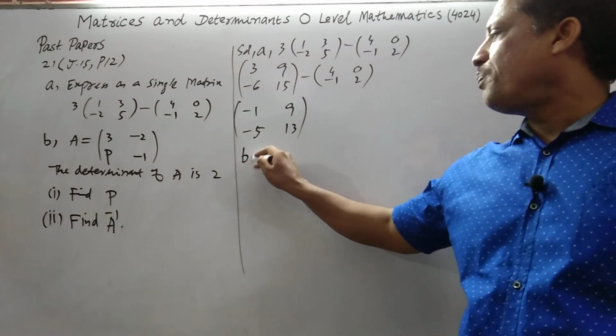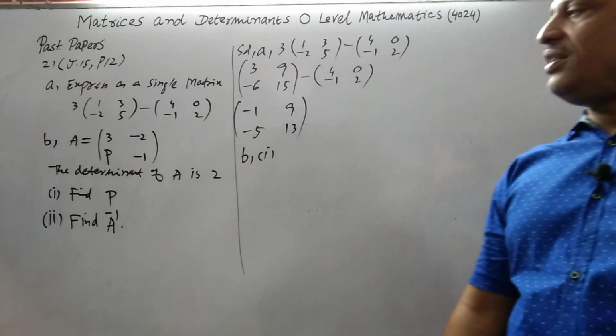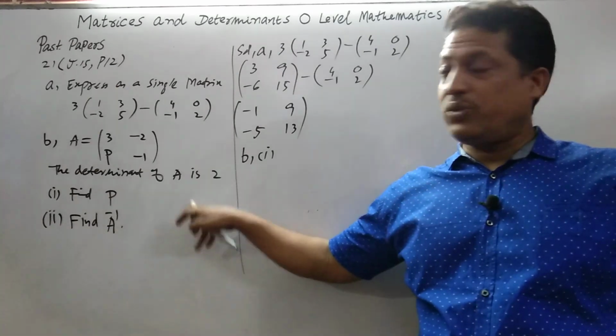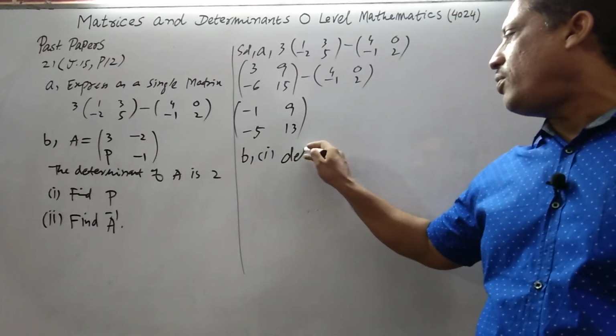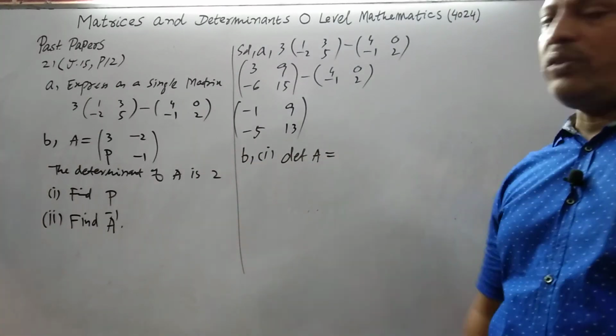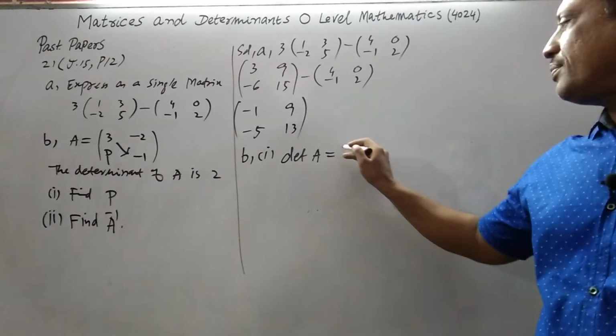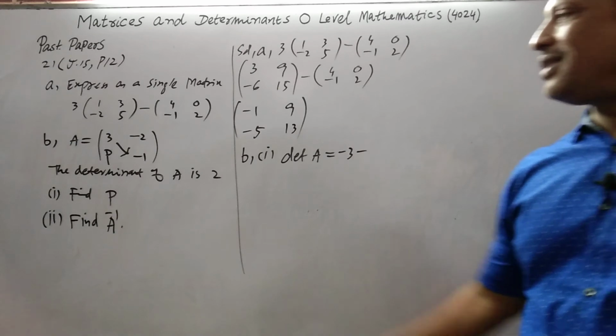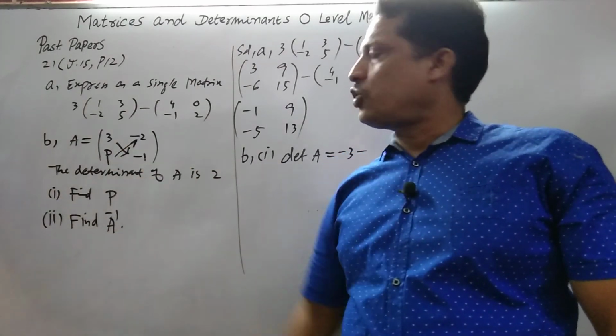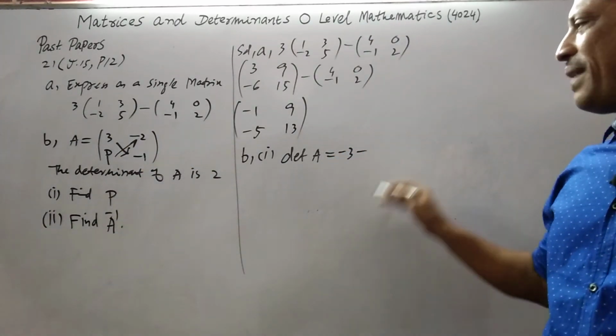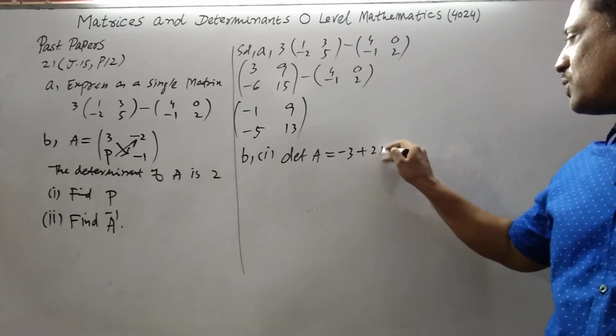Part B1. The determinant of A is 2. So first we have to find the determinant of A. How to find the determinant of A? 3 multiplied by minus 1, minus 3, minus P multiplied by minus 2, minus 2 into P minus 2P, minus times minus plus 2P.